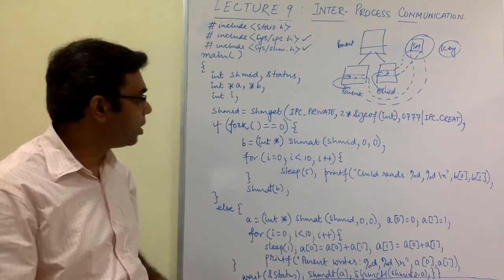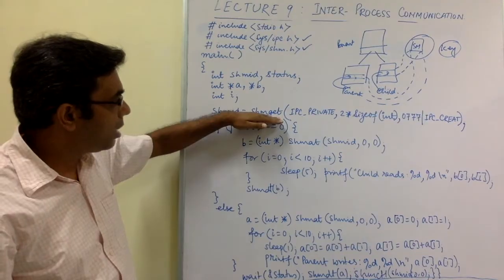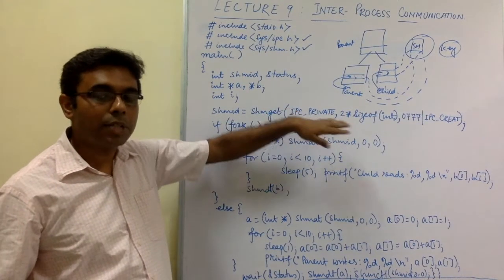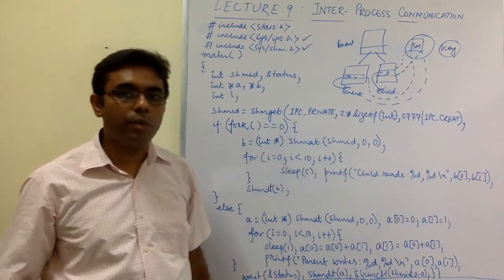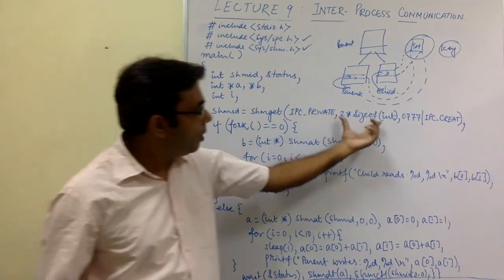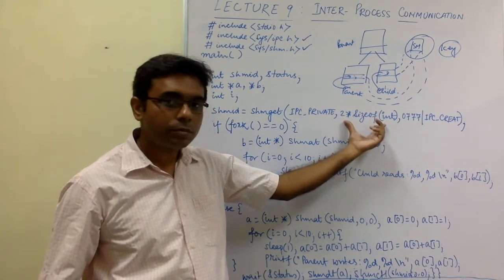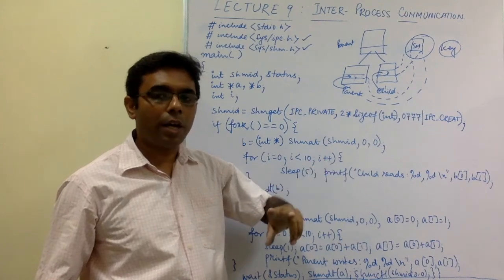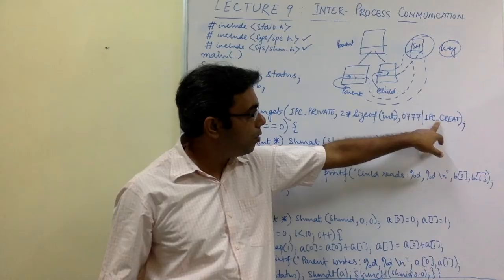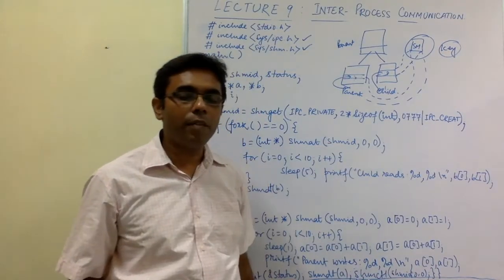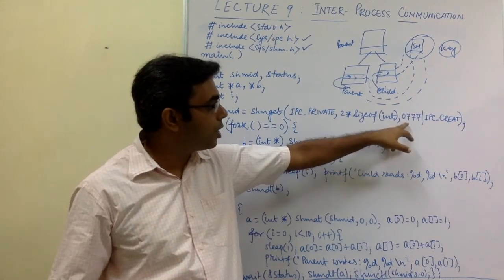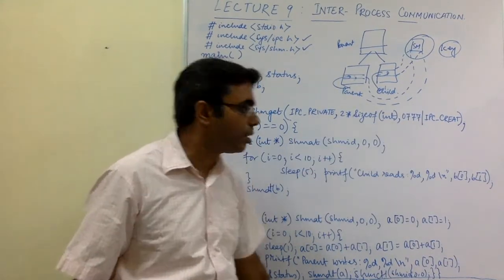So let us assume that we are in the main process, and the process now wants to request a shared memory. So it makes use of shmget, and as already discussed, in this case we are going to use a private key, because that would automatically be passed on to the child which will be created. So I'll make use of IPC_PRIVATE. We'll make use of a shared memory which is an array of 2 integers, and then we'll make use of the IPC_CREAT flag in order to create the segment in case it has not been created, and we check whether the permissions have been provided to that segment.